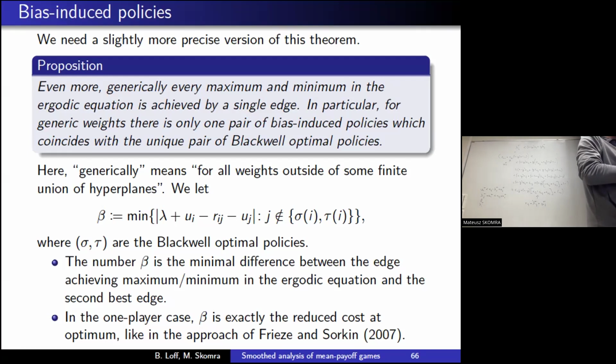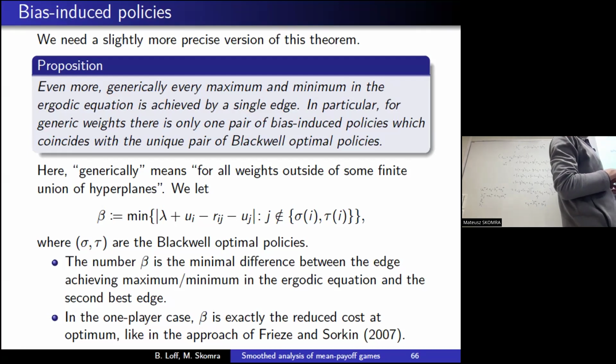So now we will measure the gap between the edge that achieves the maximum and the second best edge. And we will measure the gap between the edge that achieves the minimum and the second best edge. And beta is the minimum of all of these gaps. So what is the smallest gap between the maximizing edge and the second best edge in this ergodic equation?